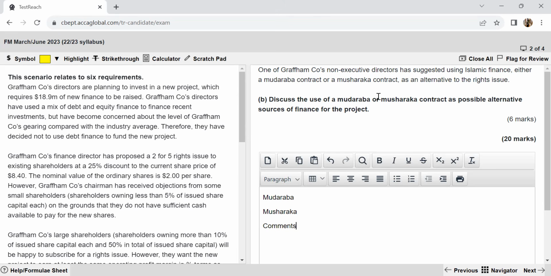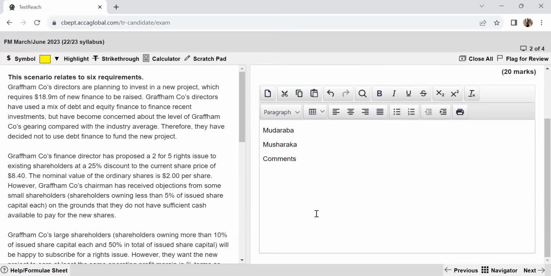However, we will also say that the large shareholders might not welcome the new project if the profit sharing ratio negotiated with Graffham company, combined with the operating profit margin, did not appear to be adequate for the managerial resources committed. If a Musharaka contract is used, the overall profit obtained must be sufficient to compensate for the financial resource invested as well. So even if you write 2 marks worth of explanation under all 3 headers that I have mentioned, it will be a good way for you to earn the available marks.